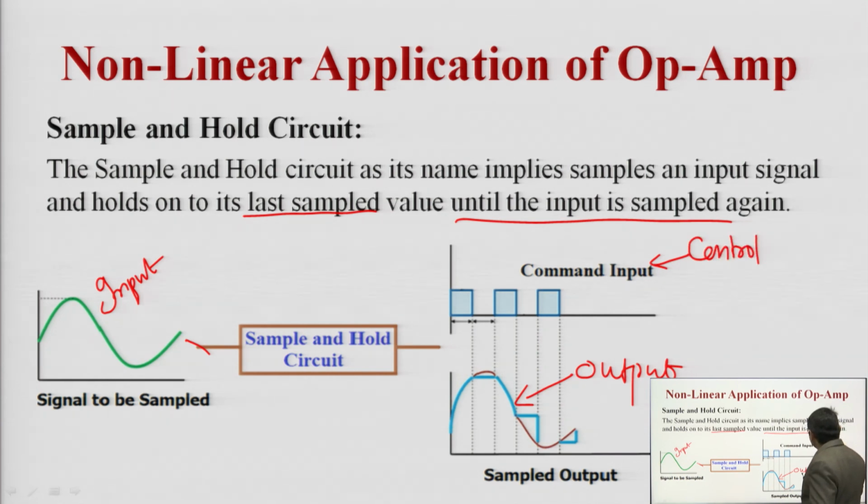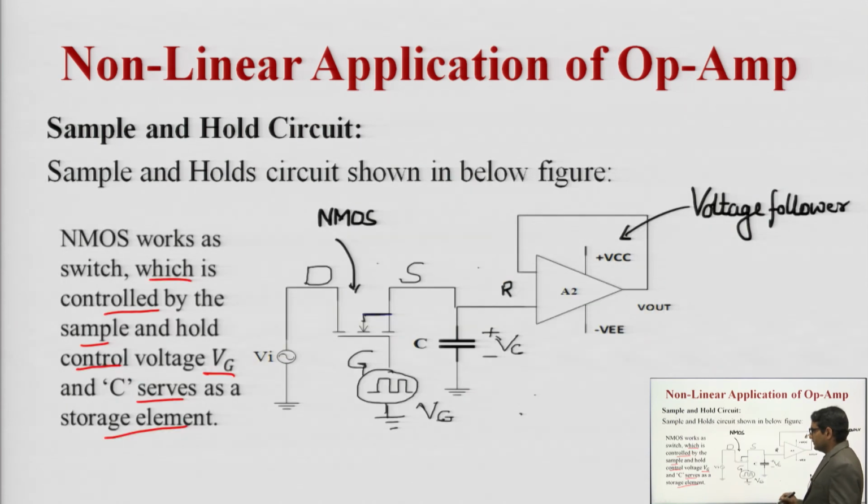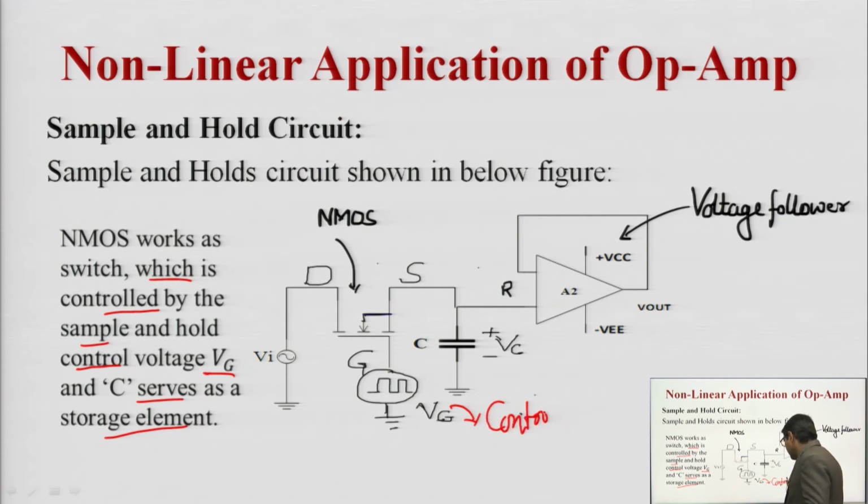Sometimes it is called a control voltage. This is the control voltage. So, here is the control voltage Vg in the circuit, where we apply the control voltage.